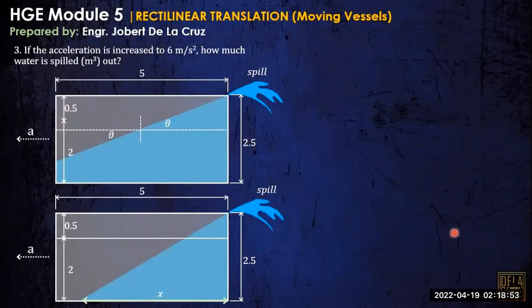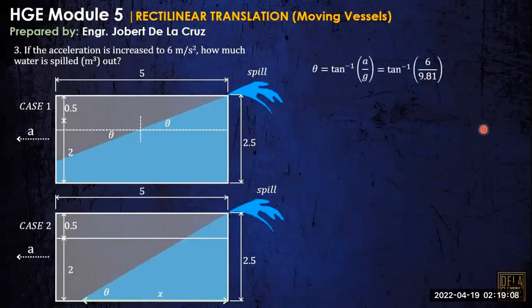So i-check natin yan by using the acceleration na binigay. No? Let's call this case 1 and case 2 na lang. Now, of course, we have this formula. And take note that the acceleration is 6 meters per second squared. So, i-calculate muna natin yung angle theta because of this acceleration. So, that is 31.45.